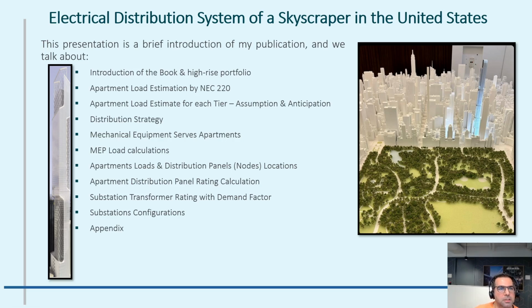So in this book, we are going to go through the introduction of the high-rise building, apartment loads, and estimated load on each tier, the assumptions and anticipations that we are going to have in the schematic design, and the distribution strategy in a high-rise building, and what kind of mechanical equipment we will have to serve apartments.